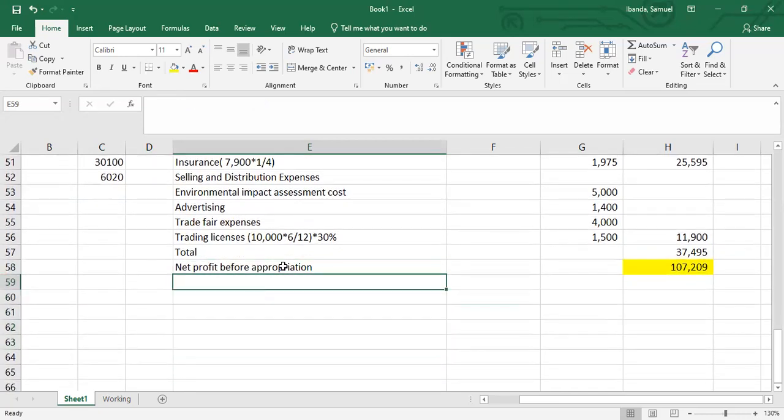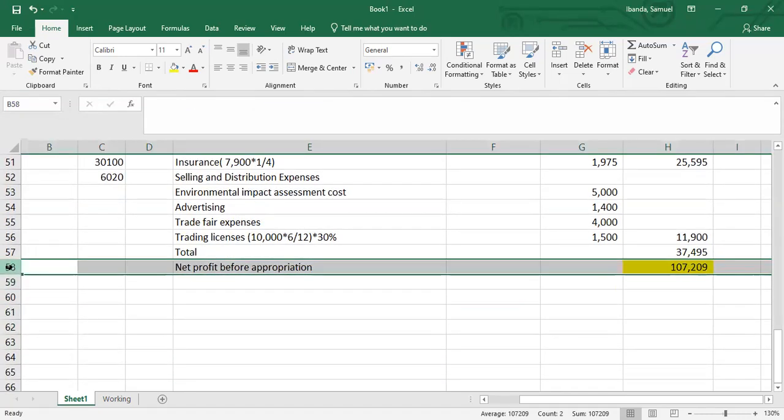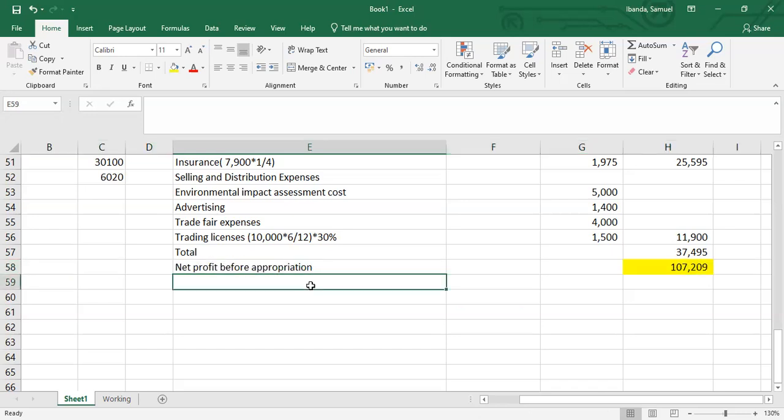So what we do after we have gotten the net profit before appropriation, when we are adjusting it, when it comes to partnerships, we basically have certain things we add, and then we have certain things we remove, okay? Now, in this case, since they have given us something to do with salaries of the partners, we now bring them here.